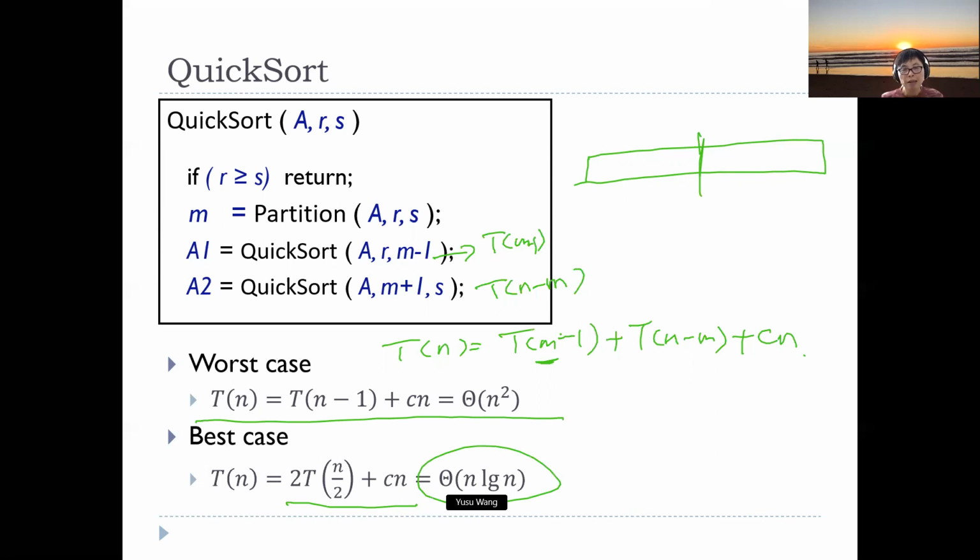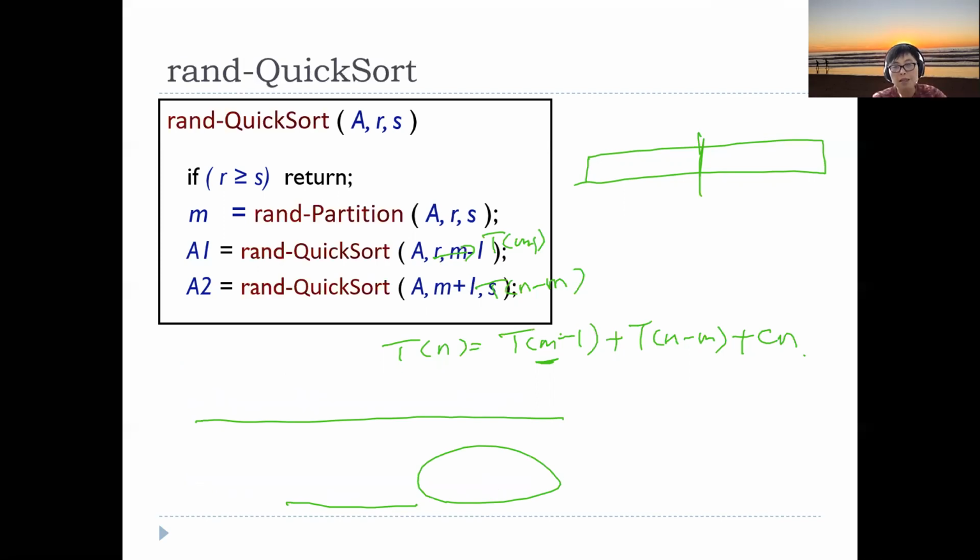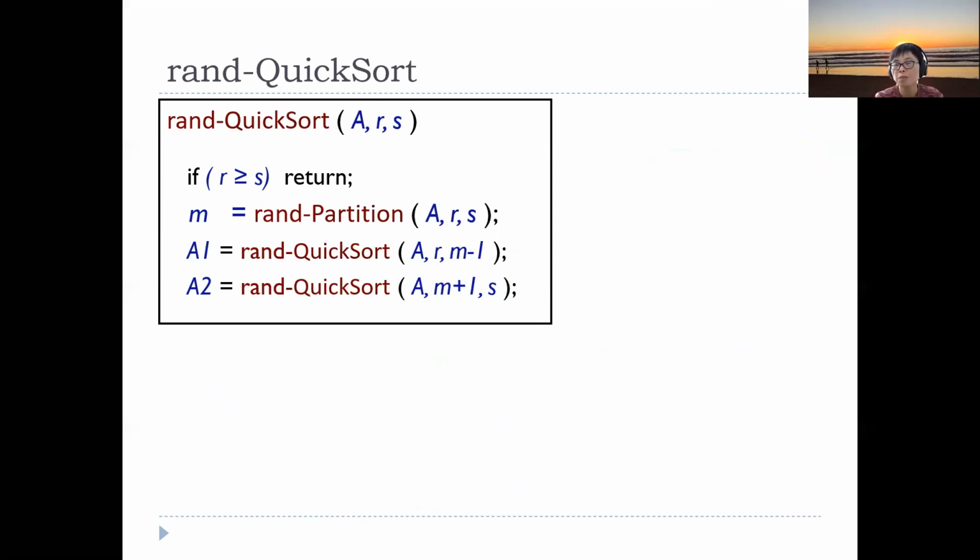Okay, so again, just as it is, it's not good because we don't know. The worst case is bad. Now we want to make it have good expected running time, good average. But since we cannot change the input, we have to add some randomness to the algorithm to make sure the split is on average always good.